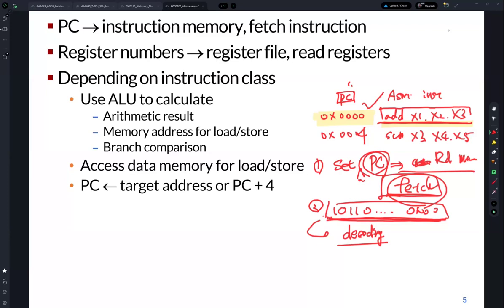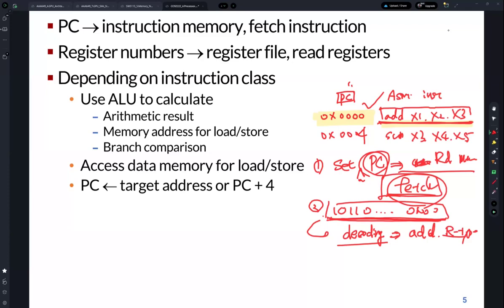So the machine instructions need to be decoded in a processor. Then a processor can figure out, oh, this is the add instruction, this is the R type instruction, right?